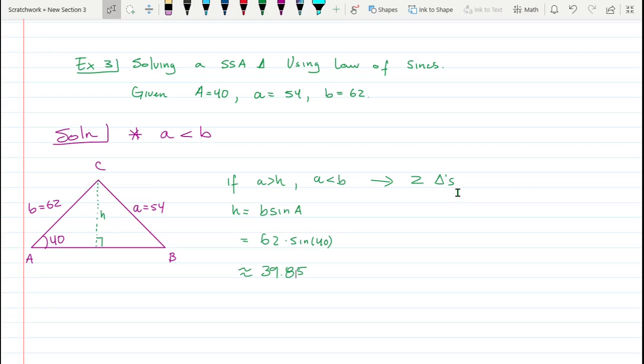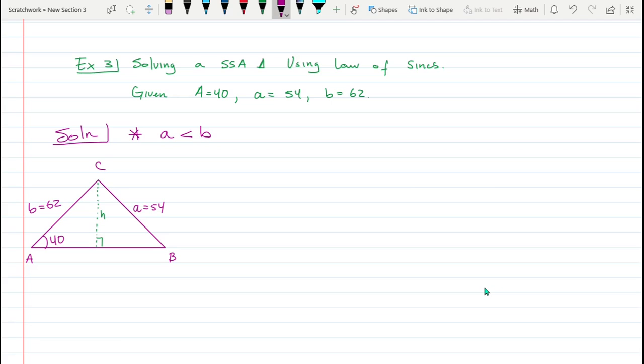So what that means is that this shape that we just drew is going to look something like this. This is the A measurement, which is 54, and this is also 54.